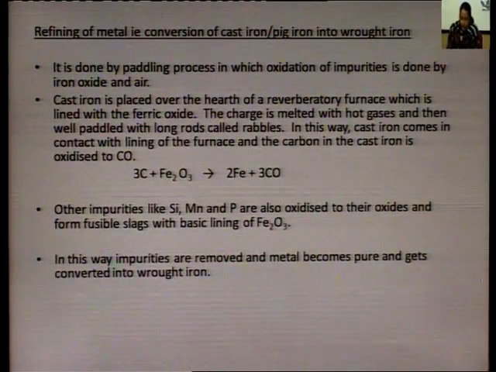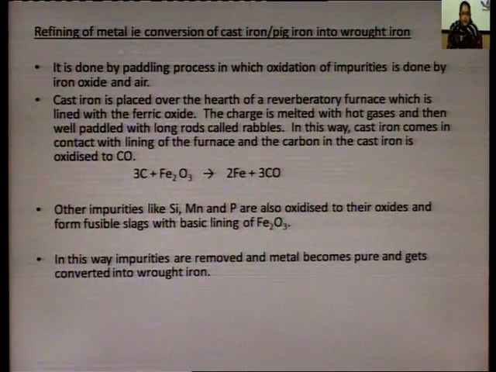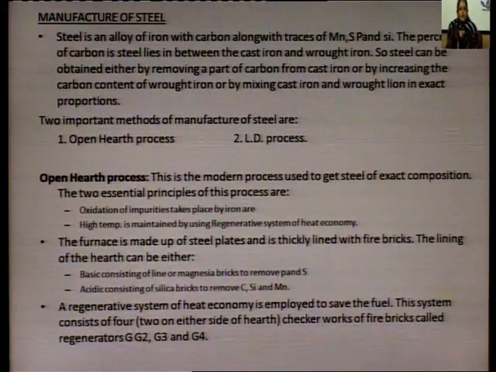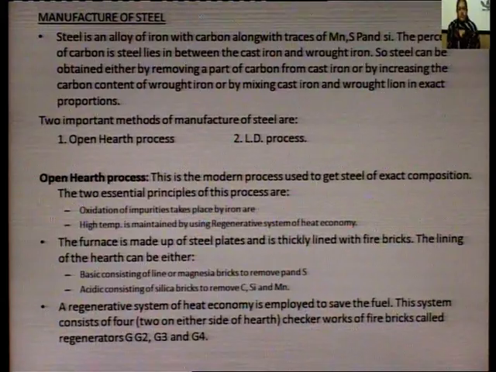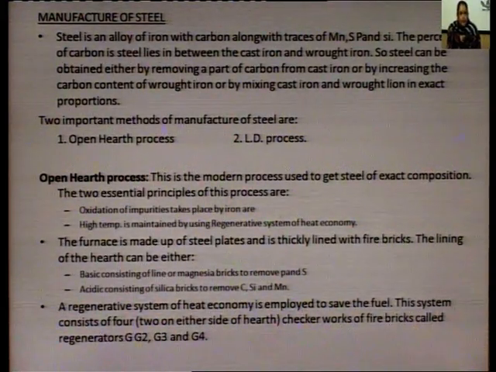Now, we will come to the next topic. The next topic is the manufacture of steel. As we know, steel is an alloy of iron and carbon, and it is also contaminated with some other traces of manganese, sulfur, phosphorus and silica.